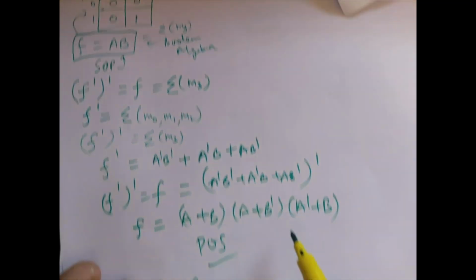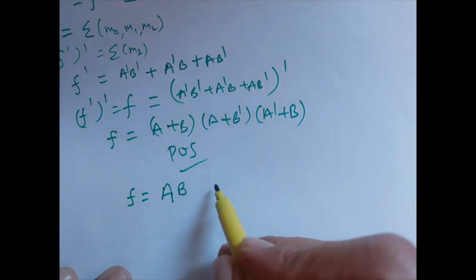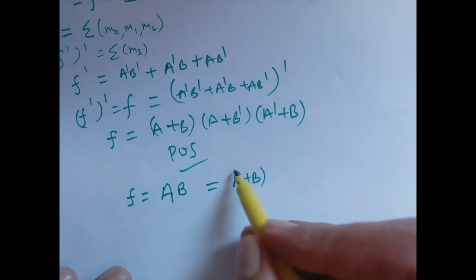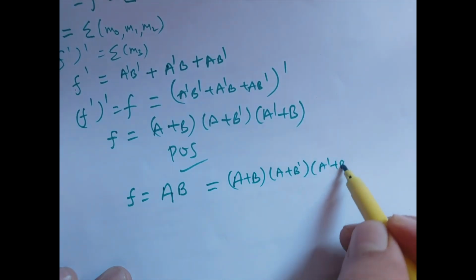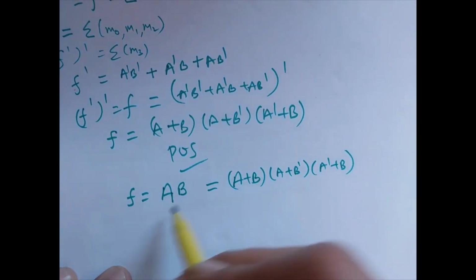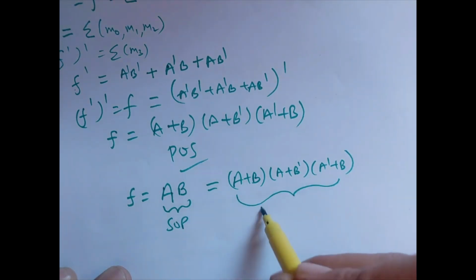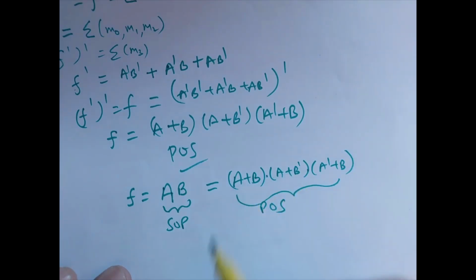So the function can be written as ab also, and it can also be written as a or b, a or b bar, a bar or b. So this is the sum of products representation, and this is the product of sums representation.